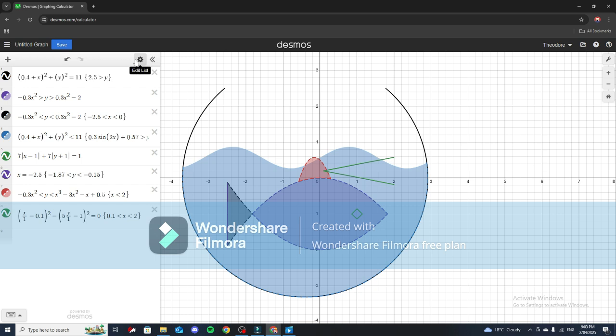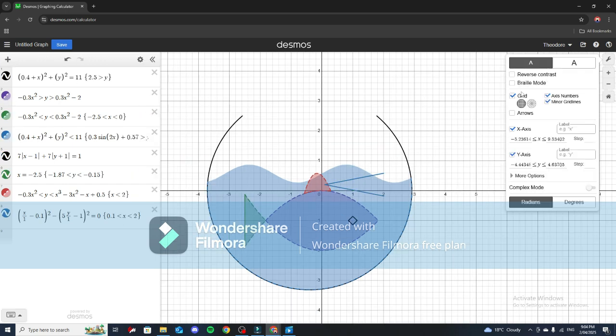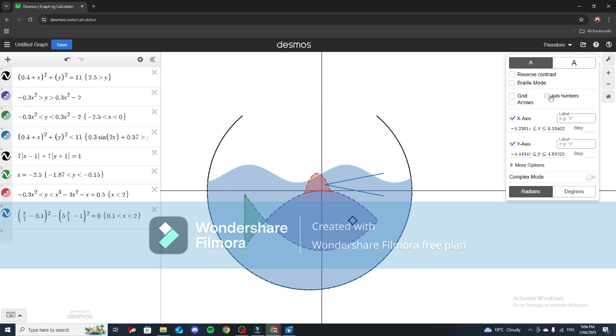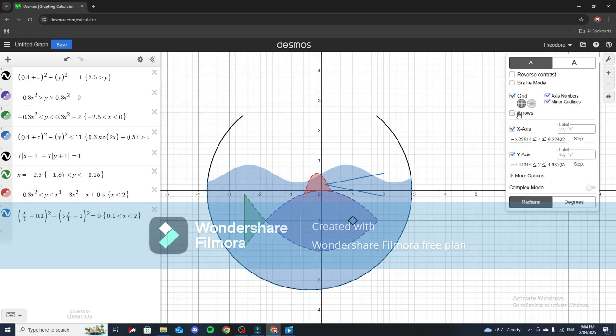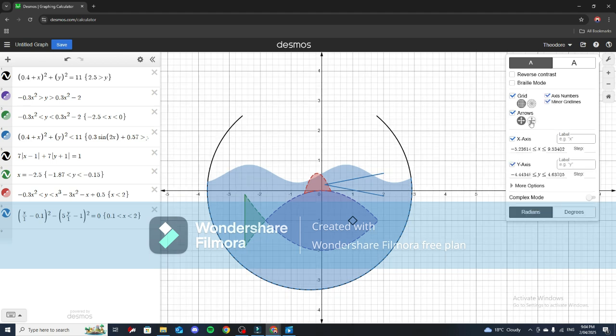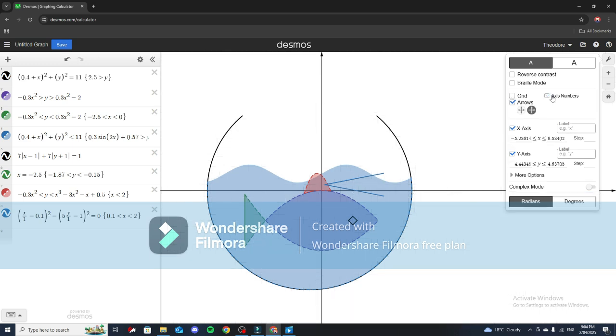The last step, not that last step, but quality of life step is I went through and recolored all of these. Lastly, turn off the grid, excess numbers. You know what is actually cool about this? You can do lots of cool things, add arrows, yeah.